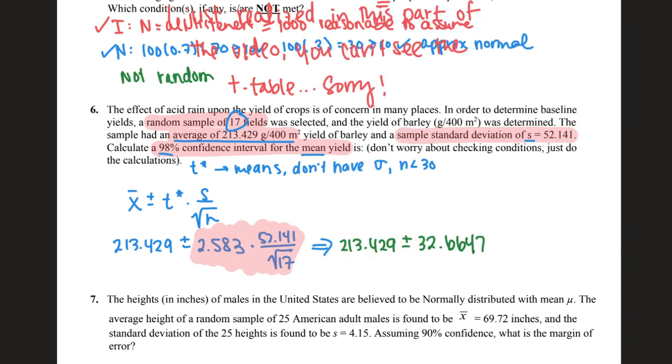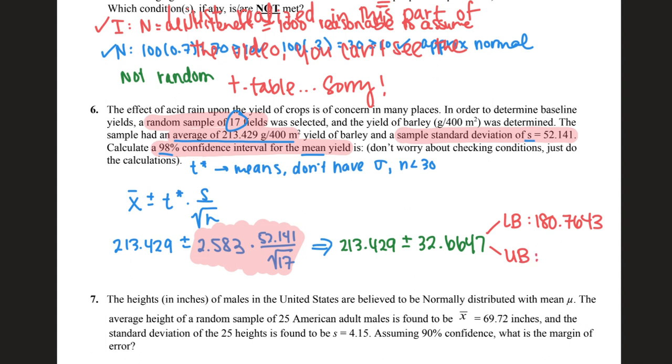So the confidence interval is going to be 213.429 plus or minus 32.6647. So to find my lower bound, I'm going to subtract. So that's going to be 180.7643. And to get my upper bound, we're going to add.